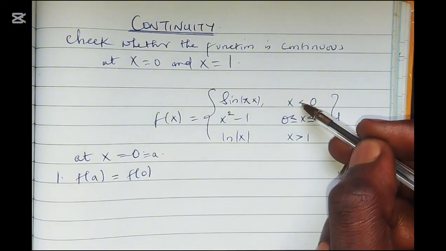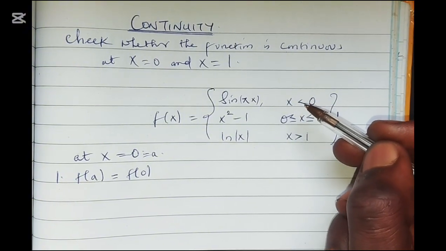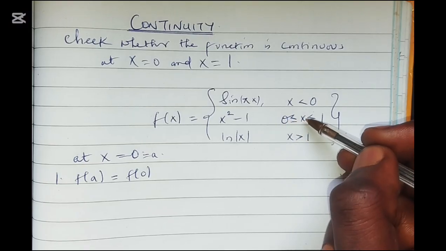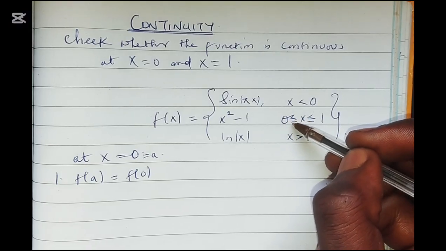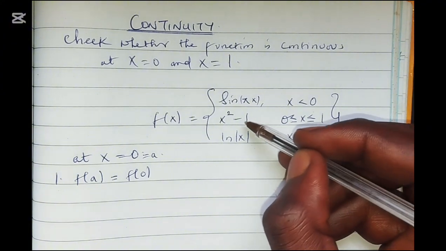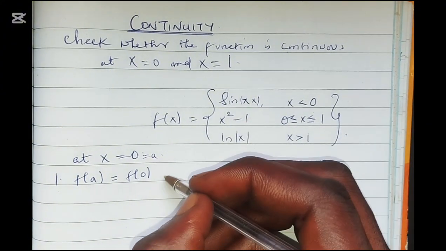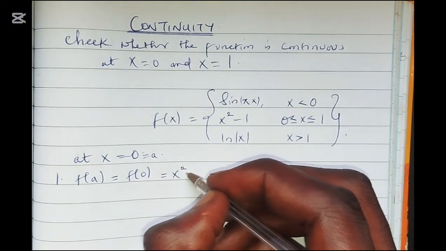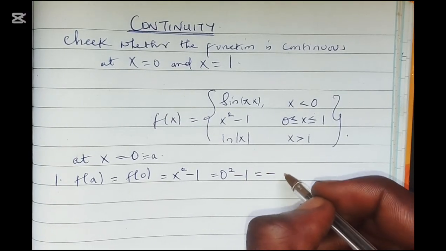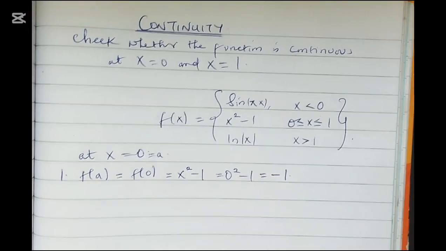Here we have x less than 0, so we skip that. Here we have 0 less than or equal to x, and we have equal to 0 here. So because we have x equals 0 here, we use this function. So we have x squared minus 1, which equals 0 squared minus 1, or negative 1.